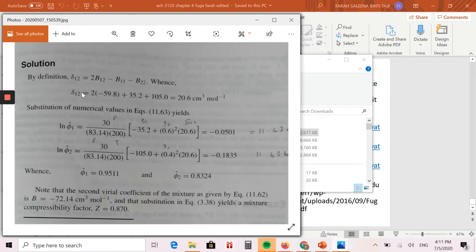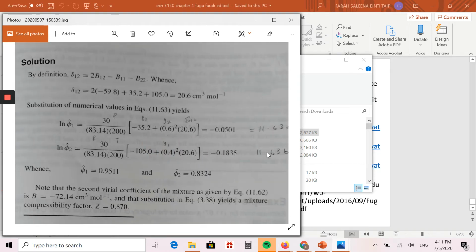So you look at this. This is given, yeah. This is given. So what we do is basically we just plug it in, and then we solve based on 11.63a and 11.63b, and then you will get the fugacity coefficient, and then put that in equation 11.62, and you will get the compressibility factor. Okay.